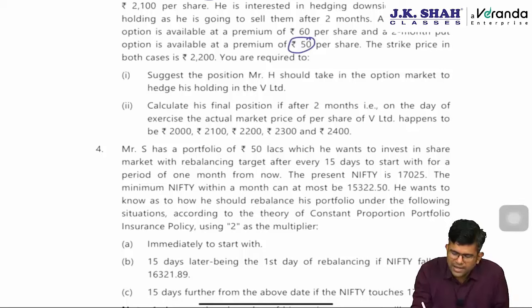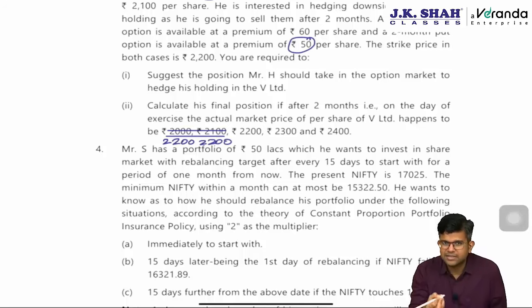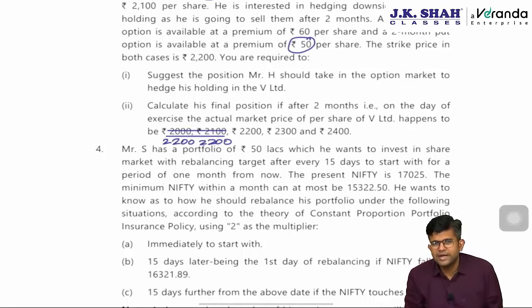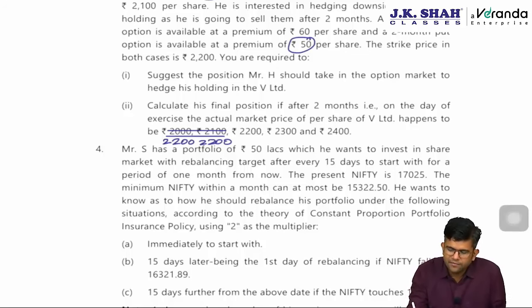Do you realize if S1 is 2000, 2100, these two are where the put is in the money. So you will not sell your share at these rates. You will of course sell your share at the strike price because you have a right to sell it at 2200. If it is 2300 and 2400 where S1 is above K, the put is out of money, can I say you will lapse your right and sell it outside at 2400?